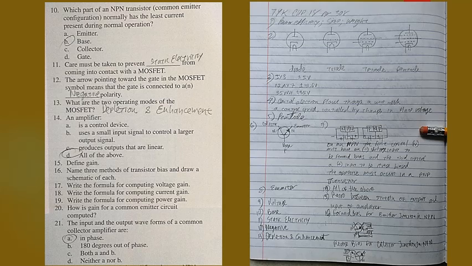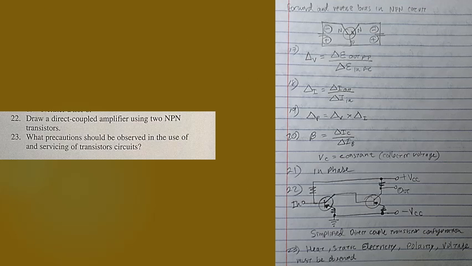The reverse bias for the collector junction in NPN is also shown. That's bottom right on your screen. And the forward and reverse bias in NPN circuit is shown top right of your screen.